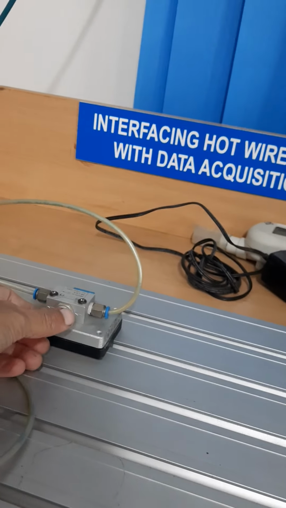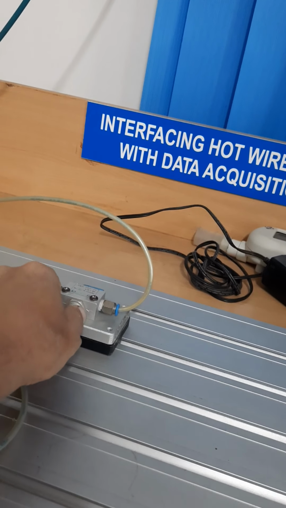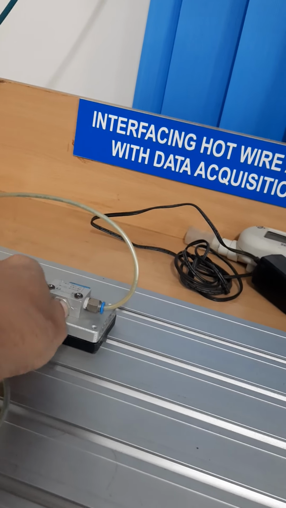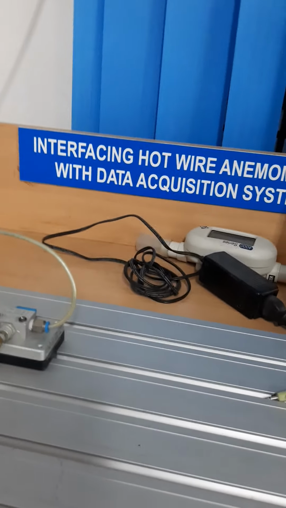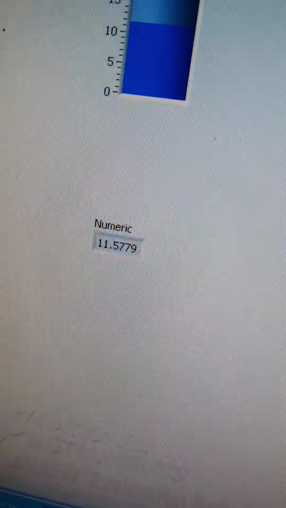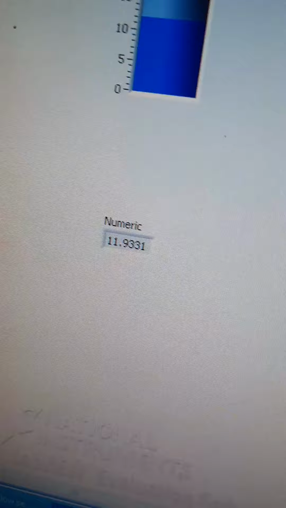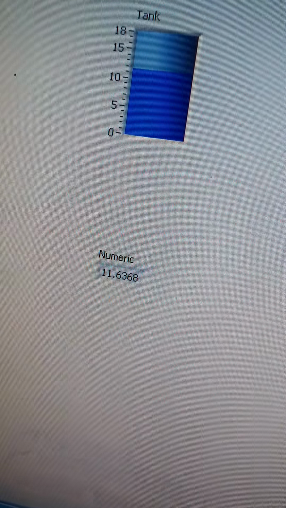Now the air is allowed to flow through the sensor. You can see the value directly. 11.57 is the mass flow rate of air which is flowing through the sensor.